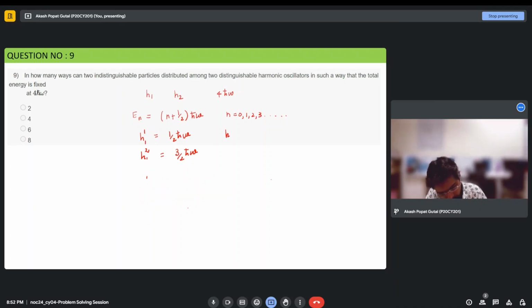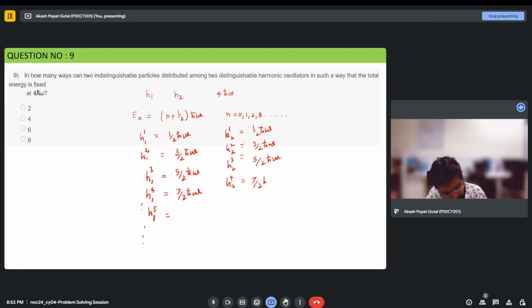And similarly for H2: 1/2 ħω, 3/2 ħω, 5/2 ħω, 7/2 ħω.